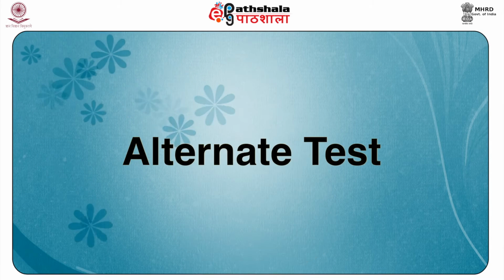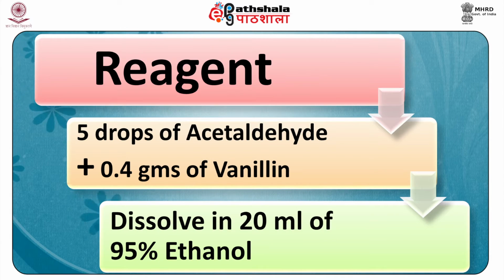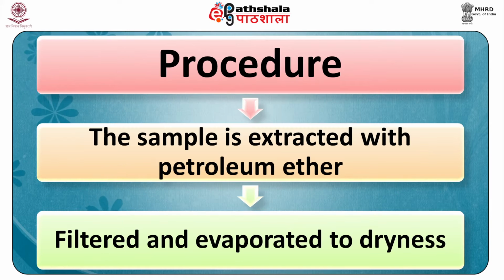This test can be done alternatively. First is preparation of reagent: 5 drops of acetaldehyde and 0.4 grams of vanillin are dissolved in 20 ml of 95% ethanol. Procedure. The sample is extracted with petroleum ether, filtered and evaporated to dryness.